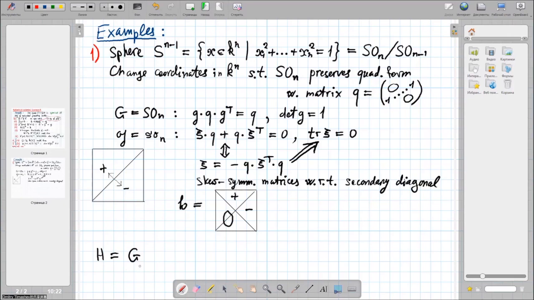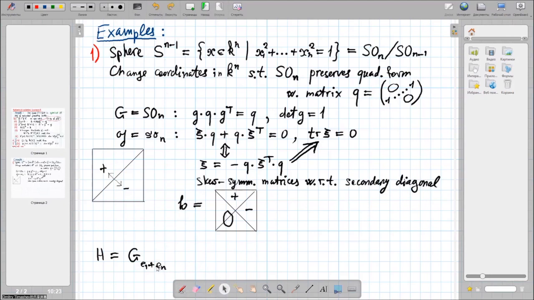But I can take any non-isotropic vector, because up to a multiple we can take it to this sphere. We can multiply it by a scalar factor and obtain that the quadratic form will take value 1 on this vector. So let me take the vector which is the sum of the first and the last basis vectors in the standard basis, e_1 and e_n. Okay.